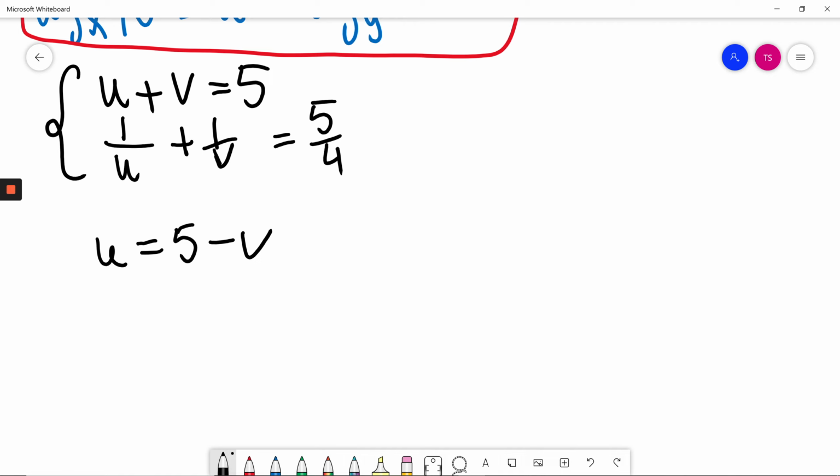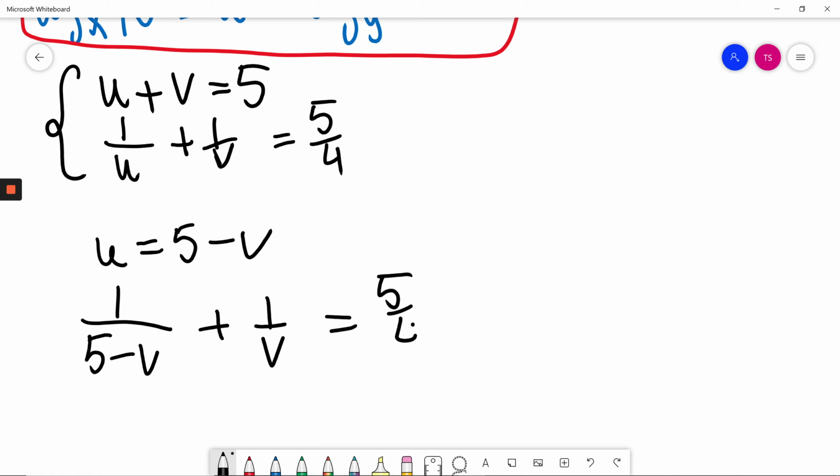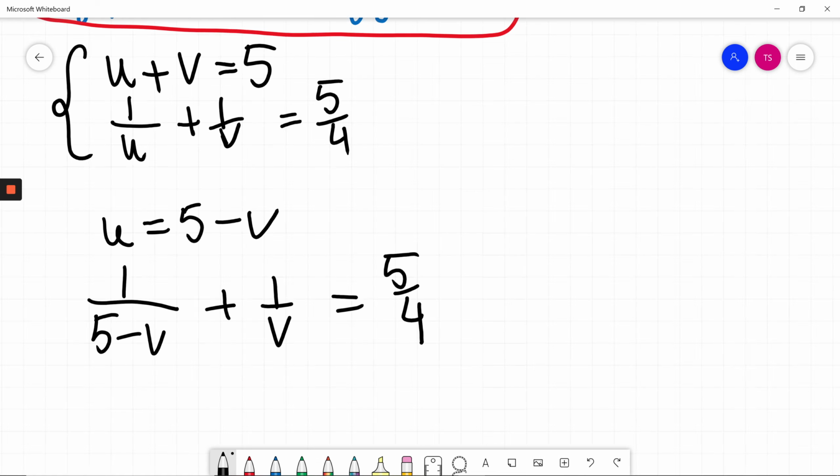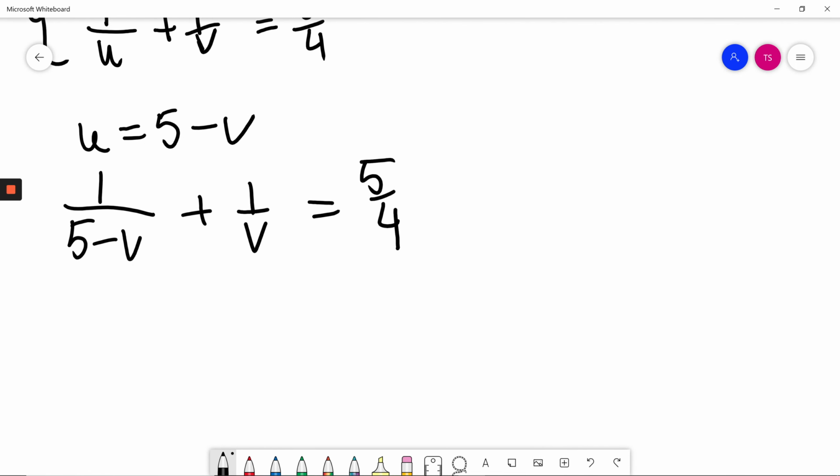And then the second equation becomes, when I substitute that for u, 1 over 5 minus v plus 1 over v, this is equal to 5/4. And I have just an equation with only variable v, so I can solve it now.